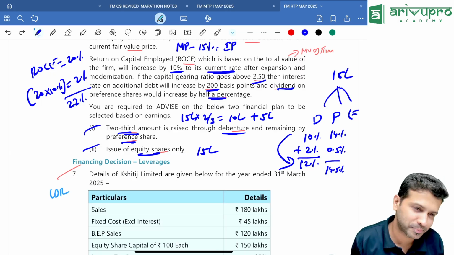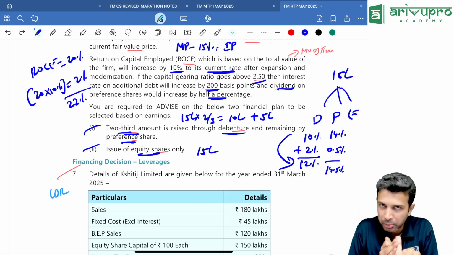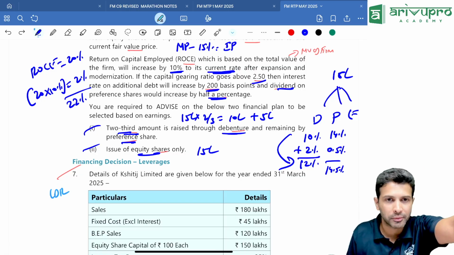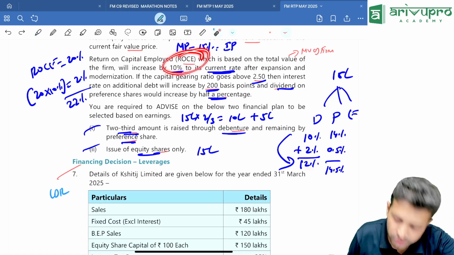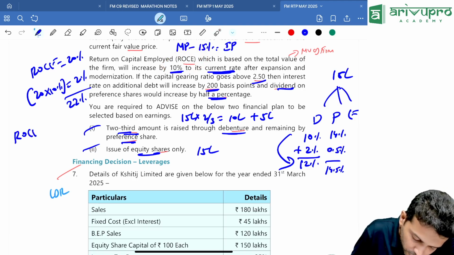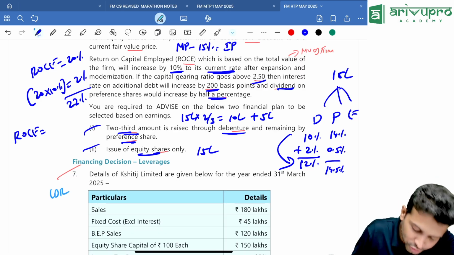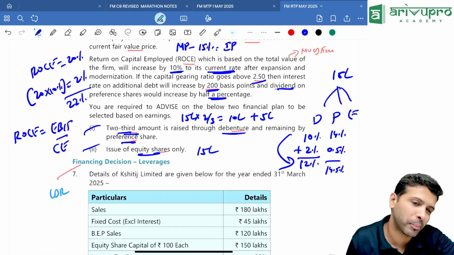First observation, we got the book value of capital employed. Do we need book value or market value? Market value. Why do we need that? Simple, we need ROE. ROE is EBIT divided by capital employed.